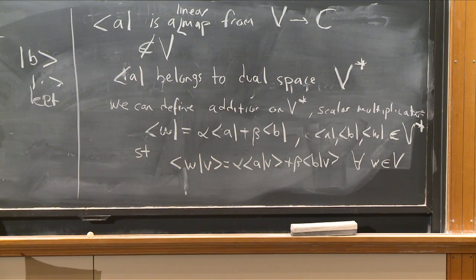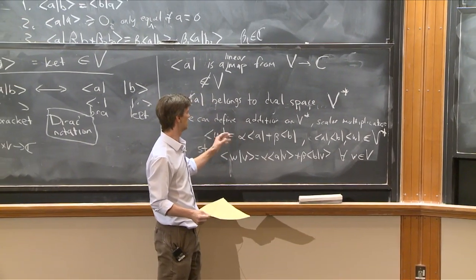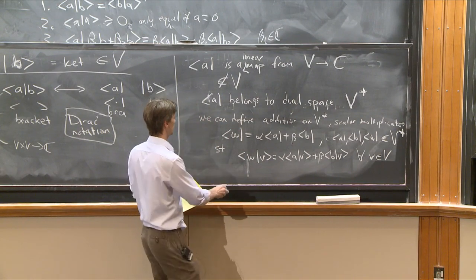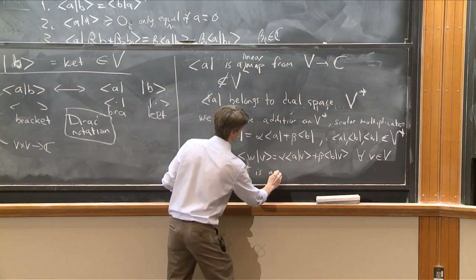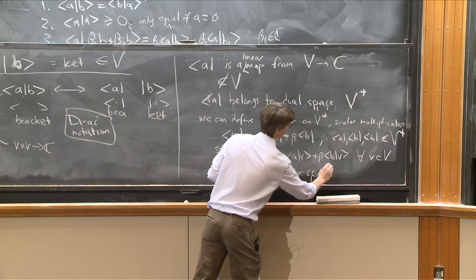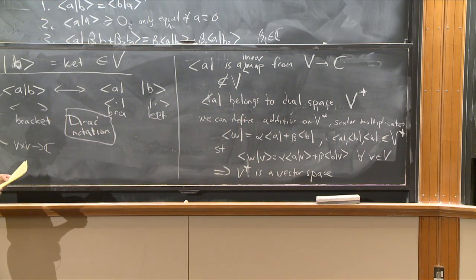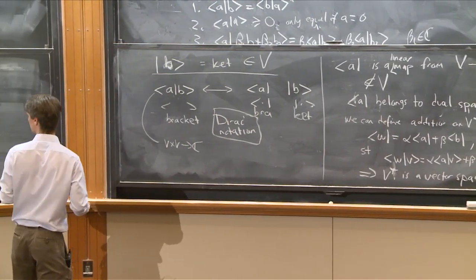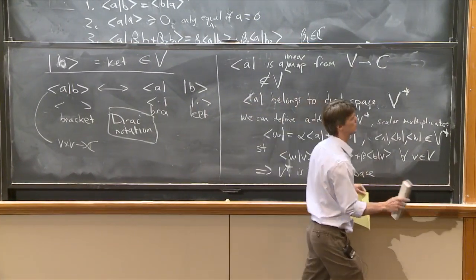And then basically from the properties of the inner product, you inherit the vector space structure. So this tells us that V star is a vector space. Okay. Let's go over here.